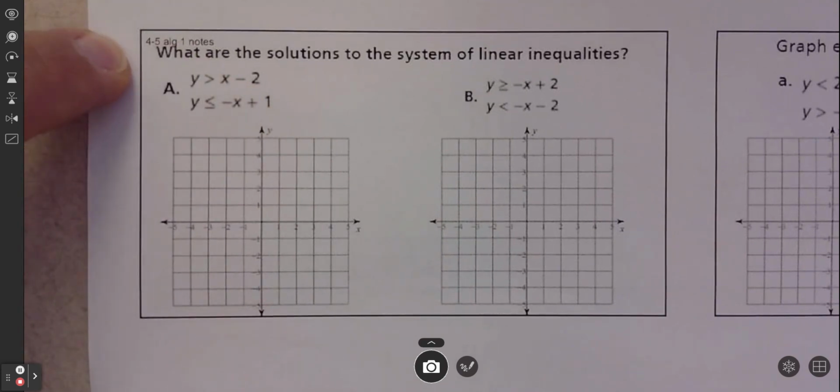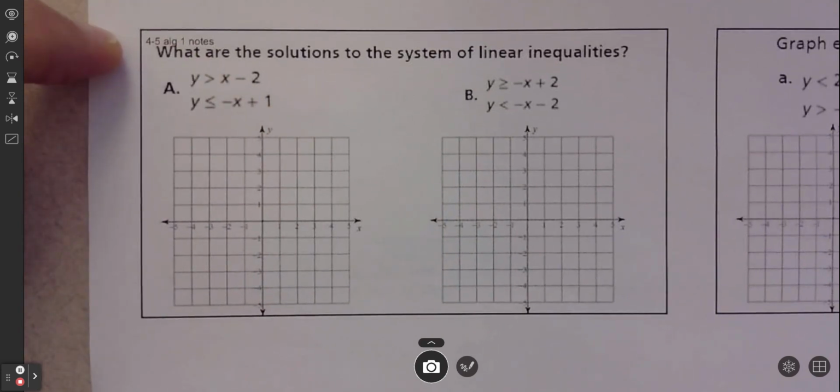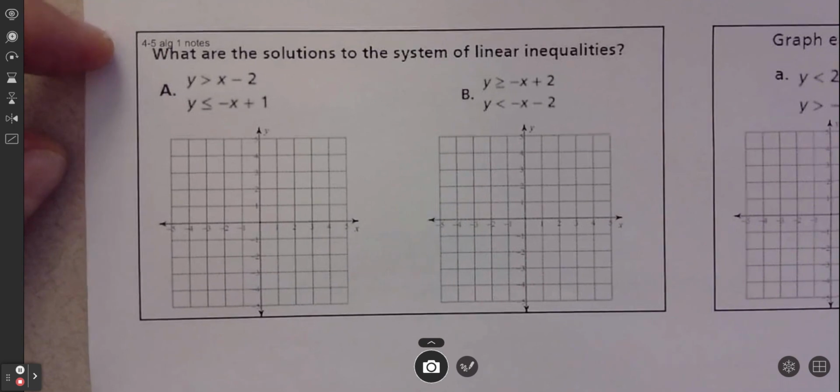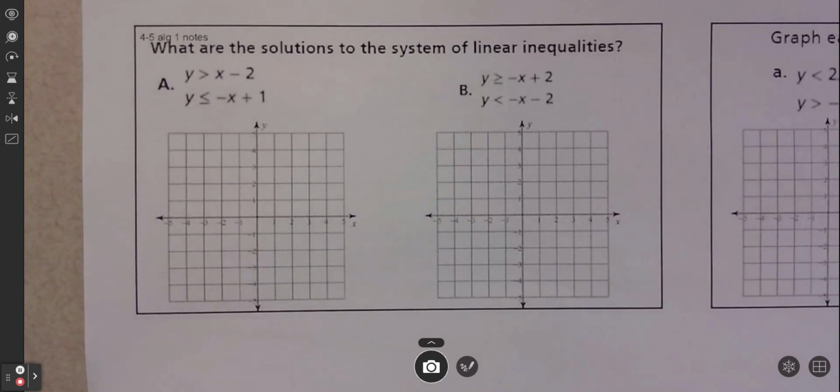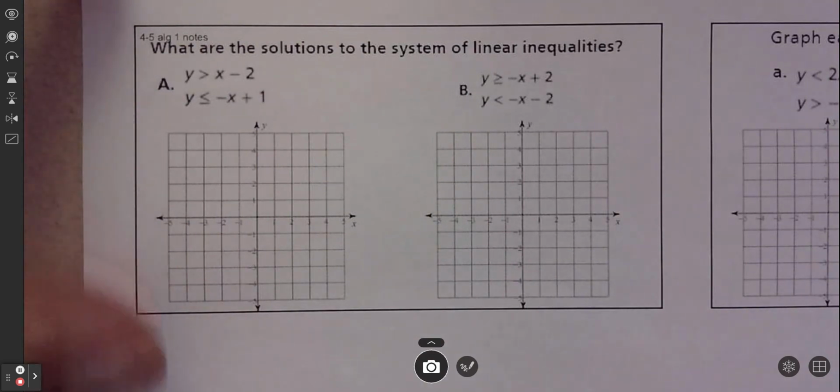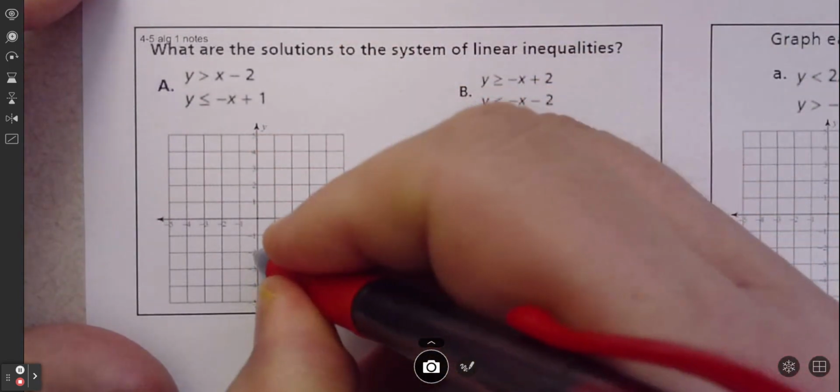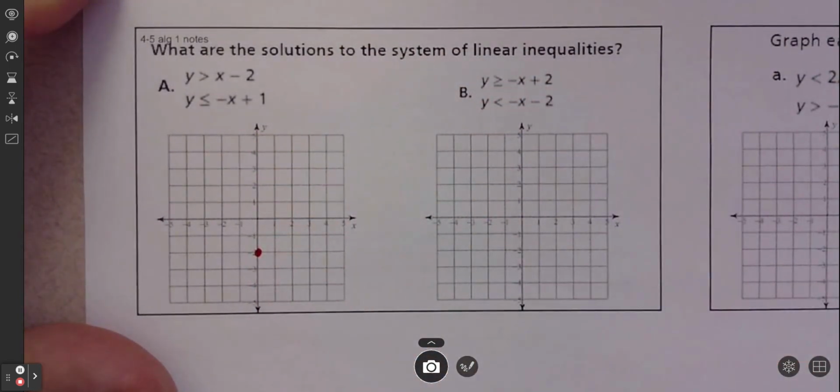Now we have two. What do you think we do? Graph both of them, and we'll talk about it. After you graph both of them, you find how they divide and then shade it darker where they divide. Okay, so the first graph starts at -2, has a slope of 1.